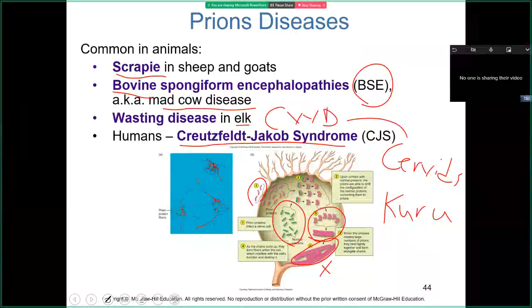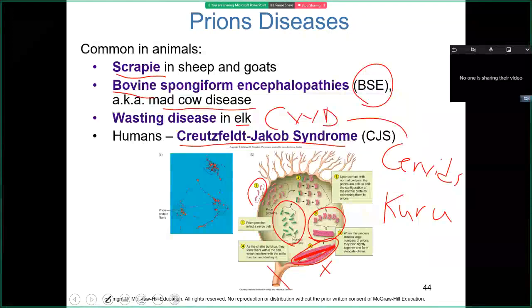Now, if you know anything about how nerve cells work, that cell membrane is where action potentials arise. You have fluxes of sodium and potassium across that membrane, which is the basis for nerve transmission. So if you have a bunch of prions laying in there, you can't develop an action potential.